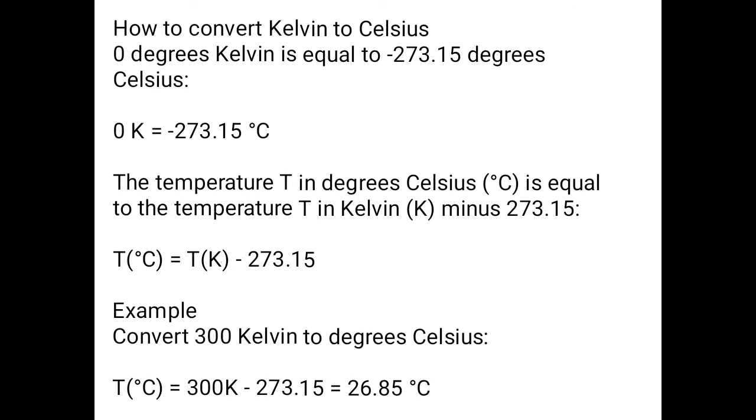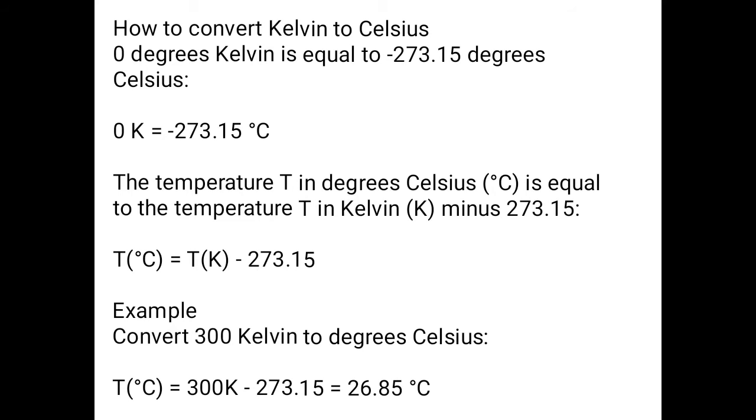So how to convert Kelvin to Celsius? 0 Kelvin is equal to negative 273.15 degrees Celsius.